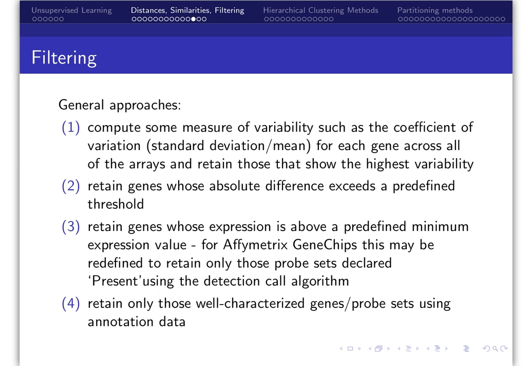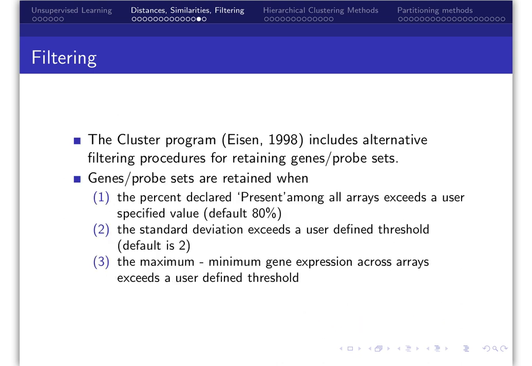Retaining genes whose absolute difference exceeds a predefined threshold, retaining genes whose expression is above a predefined minimum expression value. For Affymetrix gene chips, this may be refined to retaining only those probe sets declared present using the detection call algorithm, or removing probe sets that are absent across all samples, or retaining only those well-characterized genes or probe sets using the most up-to-date annotation data.